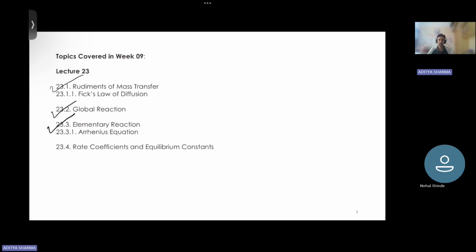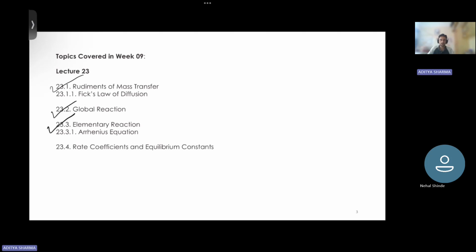So a comprehensive discussion has been done on elementary reactions. Elementary reactions can be unimolecular, as I was saying earlier, bimolecular, or termolecular. They will have the number of species as 1, 2, and 3 respectively in these cases.